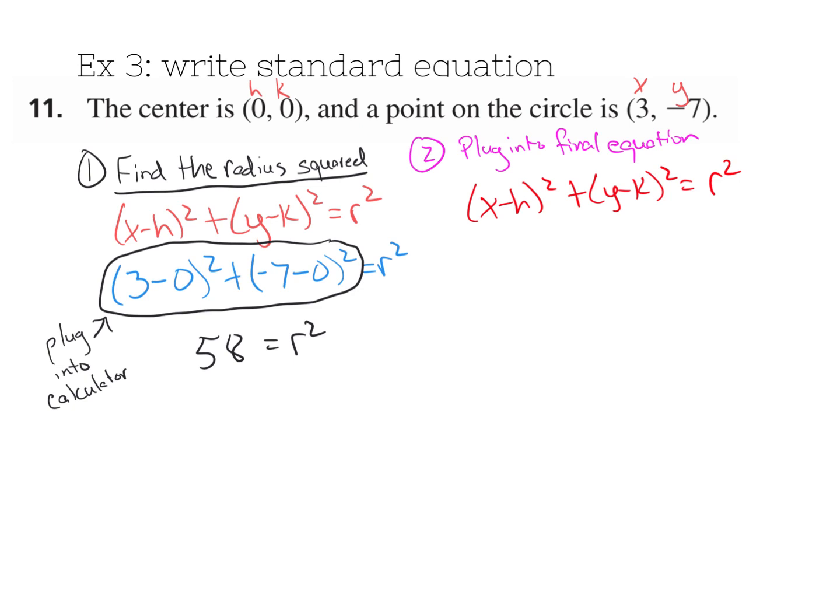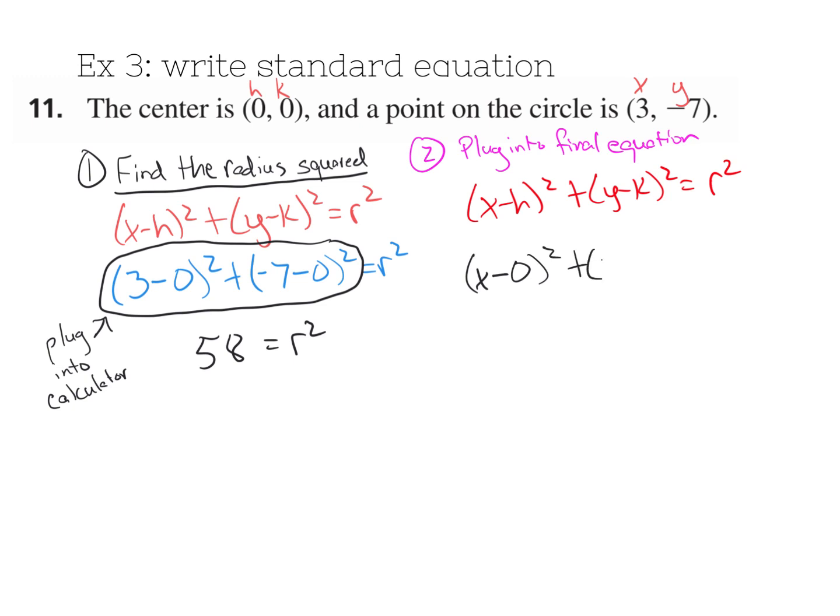All right, so let's plug in for this. Bella, what do I do with the x and y whenever I'm doing the final equation? Yeah, just bring the x and y down. We don't actually plug into it. So it's going to be x minus, and Jalen, what's my h? 0 squared.